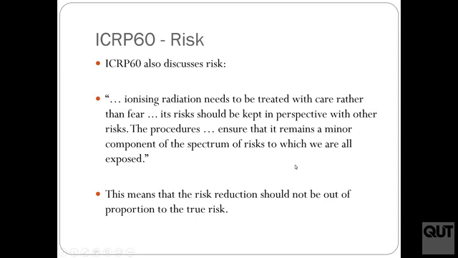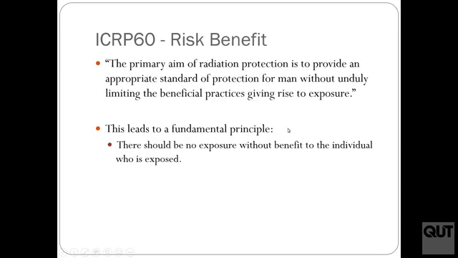So you don't want to go too out of proportion with playing around with risks. So the primary aim of radiation protection is to provide an appropriate standard of protection for people without unduly limiting the beneficial practices giving rise to exposure.